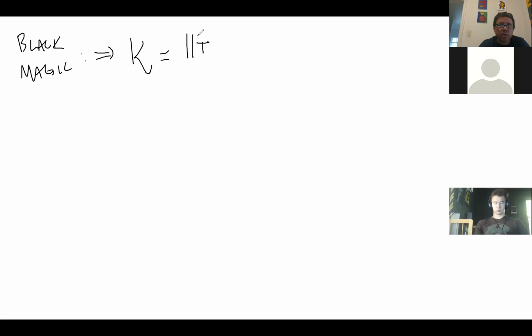One is that you can take the length of T prime and divide it by the length of R prime, and that gives you the curvature. You don't have S in there anymore. You don't have to reparameterize everything. It's all back in terms of t. That's a little bit nicer.